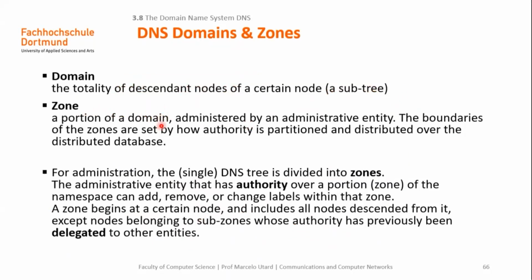The boundaries of the zones are set by how authority is partitioned and distributed over the distributed database. For administration, the single DNS tree is divided into zones. The administrative entity that has authority over a portion, that is a zone of the namespace, can add, remove, or change labels within that zone.